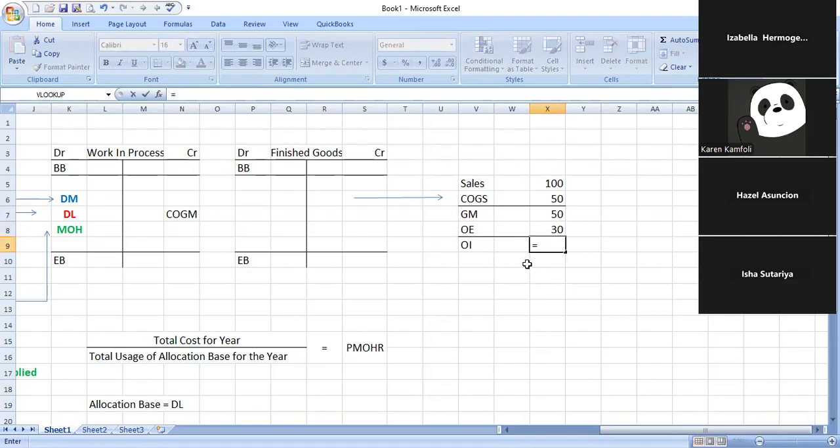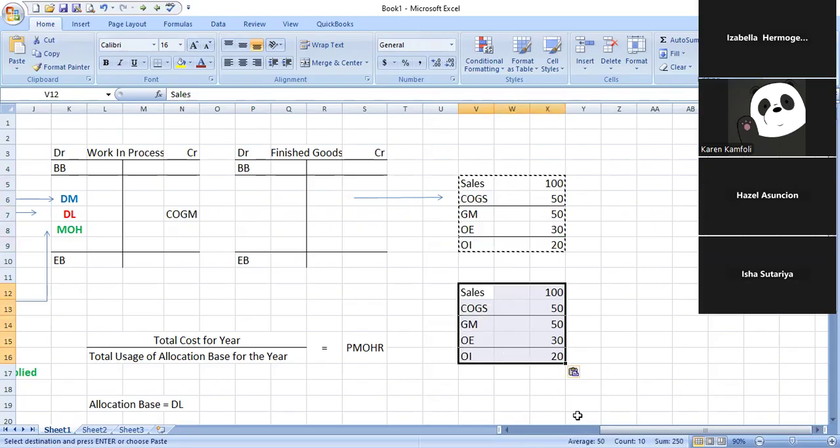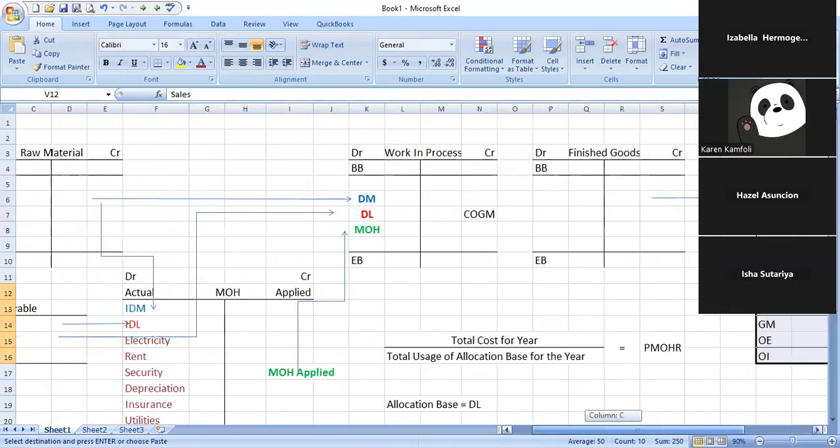Then my operating income is positive 20. Make sense? Yes. That's simple. Now, imagine this is my calculation. Now, imagine this. There was a security cost which you forgot to include in the calculation.